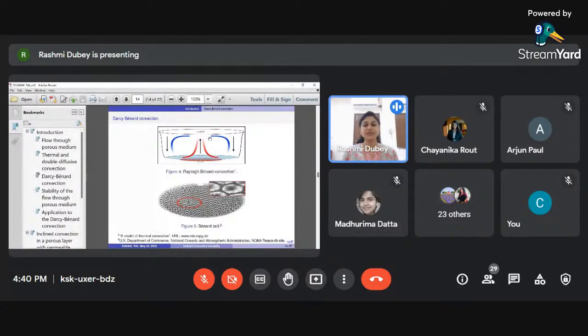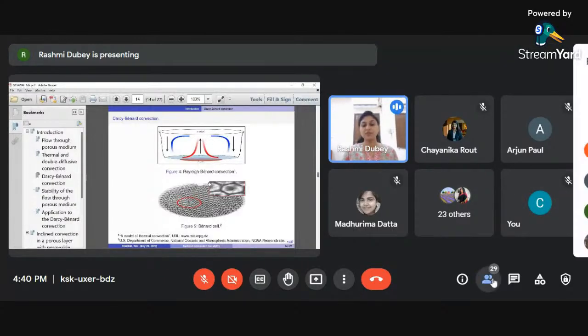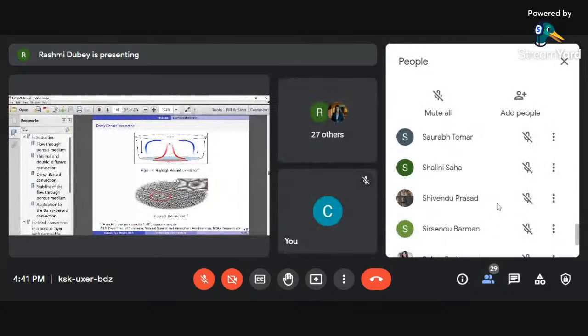So the convection in the medium is often observed in terms of Bénard cells, and those can be of different shapes. Sometimes it can be a hexagonal cell structure. It can be in terms of convective rolls of circular planform, or sometimes square planform.